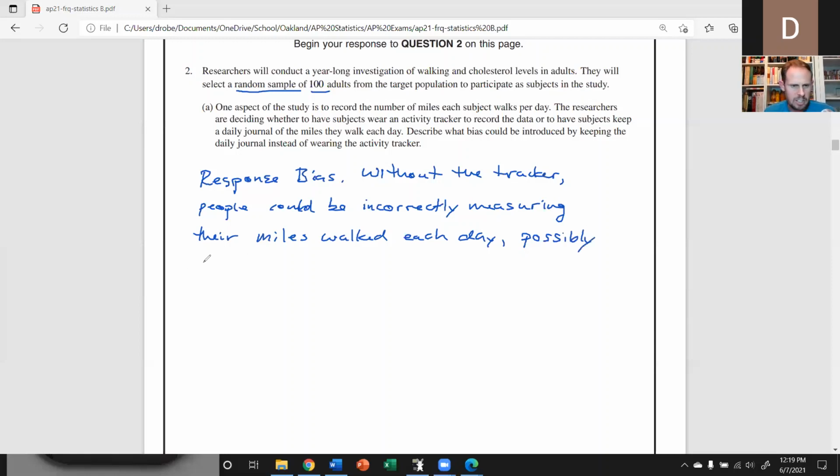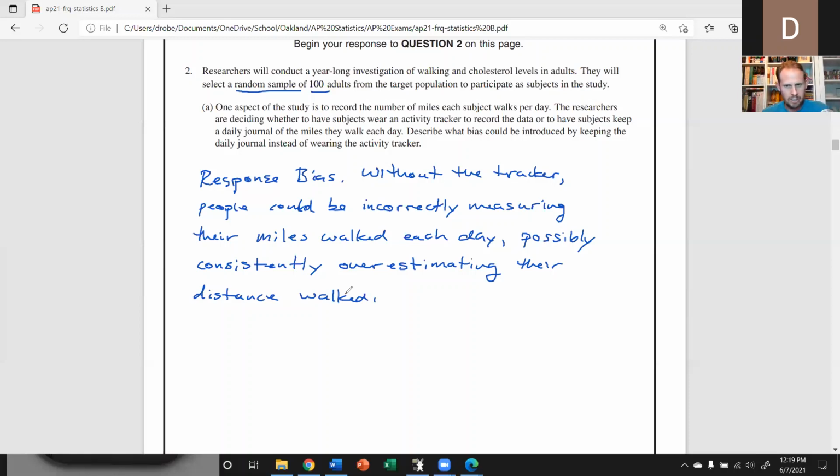Possibly consistently overestimating their distance walked. Otherwise, some of them overestimate, some underestimate, maybe it'll even out, who knows?